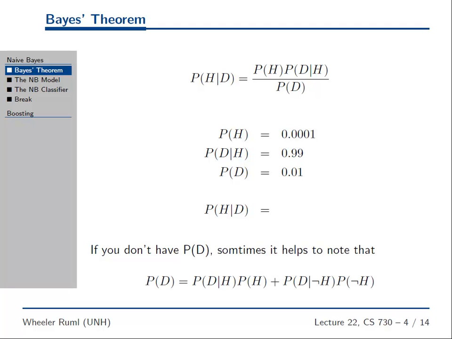One handy thing that often comes up: if you happen to have a lot of conditionals about D, like D given H, then you can start to get a handle on D if you know something about H, and we do know something about H. So the probability of D is just this weighted sum. We'll take the probability of D given H, and the probability of D given not H, and we have to weight those appropriately by the probability of H and the probability of not H.